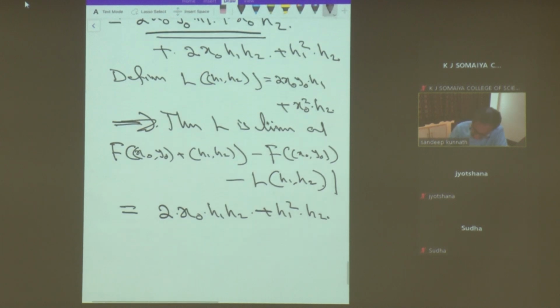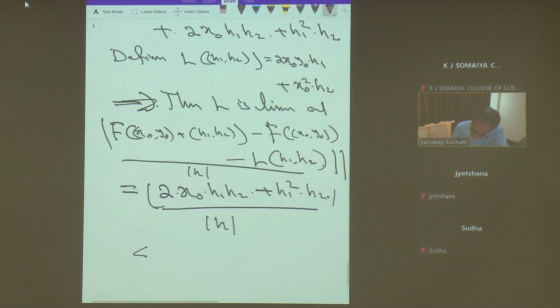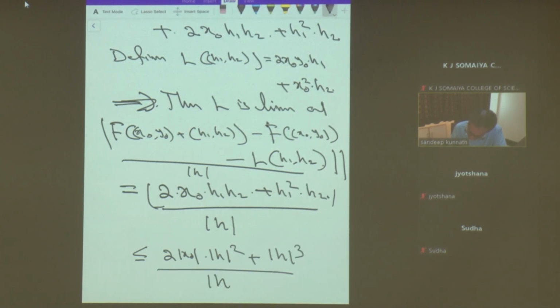Therefore, this entire quantity divided by mod h is the modulus of this divided by mod h. I can estimate the first term by mod h squared and the other by mod h cubed, divided by mod h.